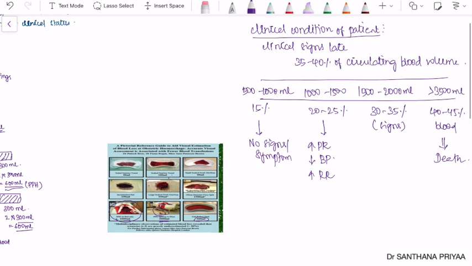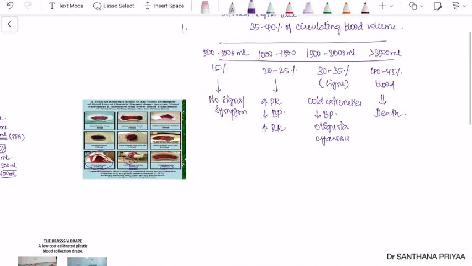When a woman loses up to 30 to 35% of blood, she will be very cold, manifested as cold extremities, decrease in BP, oliguria, and cyanosis. This is the first way.